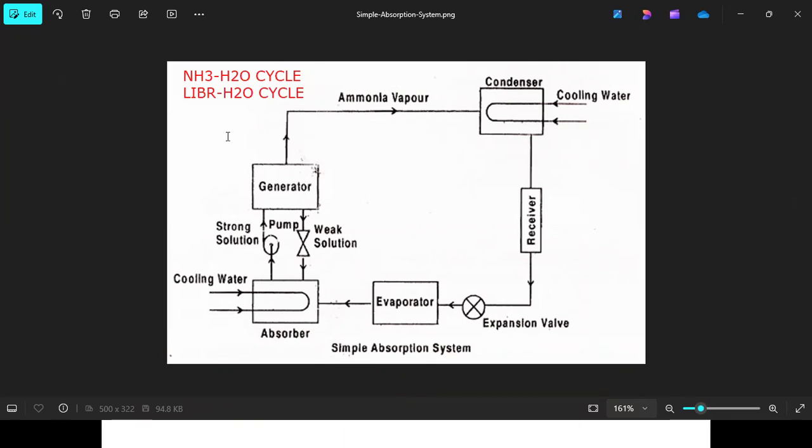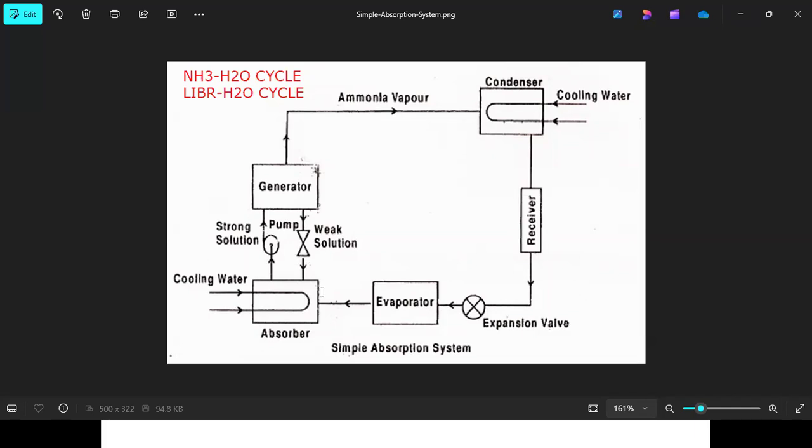Here I'm going to explain the working of an NH3 water based VAR cycle, or ammonia water based VAR cycle. Can we start? Here we can see various components inside the block diagram. The work starts from the absorber.